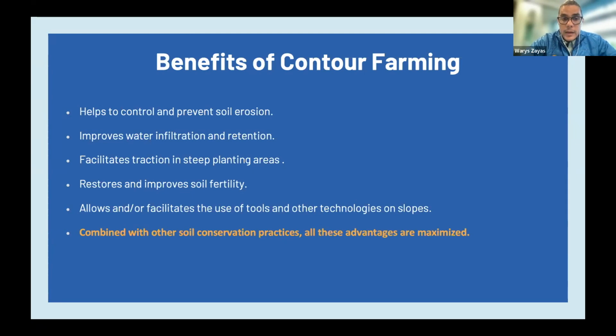In terms of the impact of contour farming on water infiltration and retention, as we can see around the globe, the effects of climate change are drought seasons that last longer, right? And on the other hand, sometimes we see rainfall events that are more significant than the year before, right? So we need to store that water in the best way.